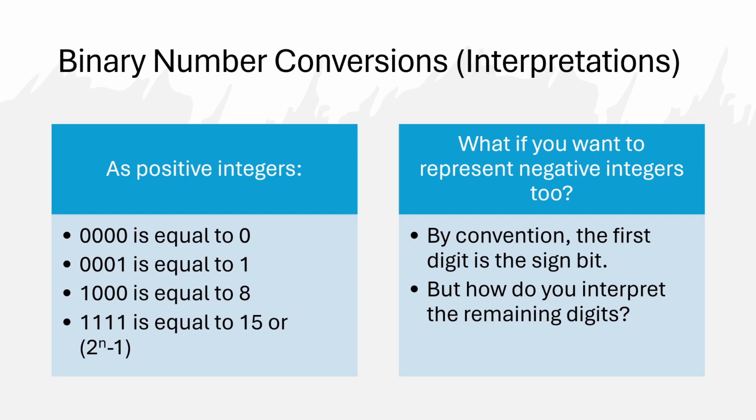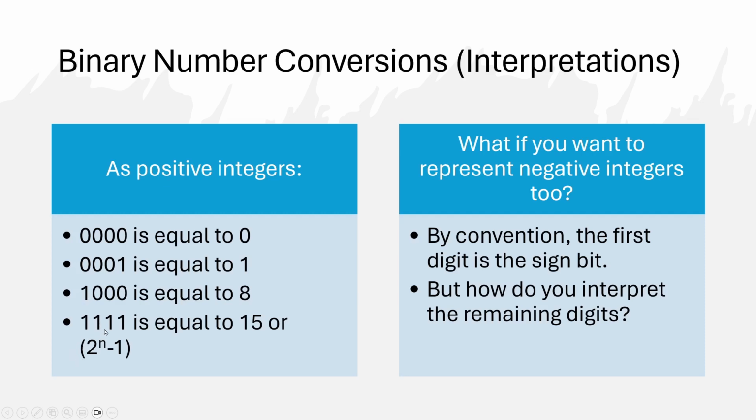For example, in 4-bit binary numbers, 0000 is equal to 0, and 0001 is equal to 1. 1000 is equal to 8, because 2 to the third power is 8, and this represents the 2 to the third power column.